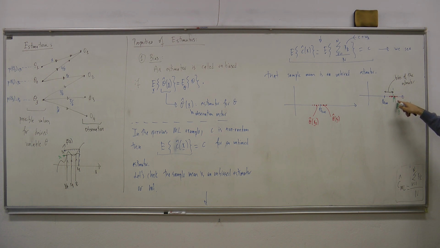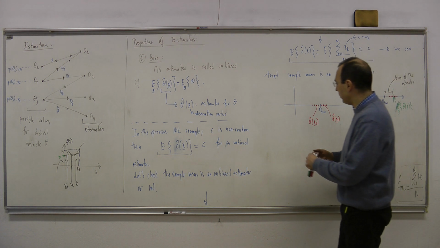As you can imagine, this bias is a very important problem. Because of this bias, you may be making the same kind of mistake, the displacement between the true value and the estimated value, again and again. So you should be aware of this bias calculation.